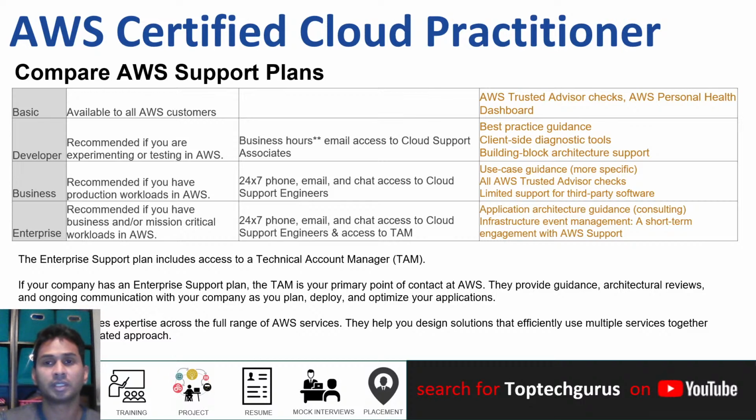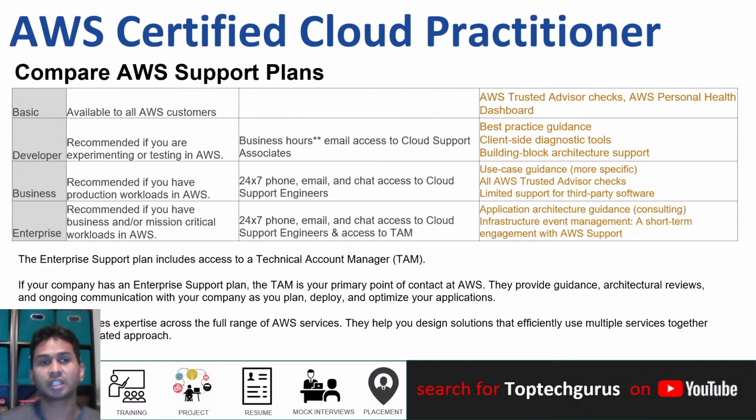They also provide architecture support, called building block architecture support, which is a set of standards saying this is how you can architect your solution. If you're doing a retail application, these are the suggested architectures, whether it's serverless or your own hosting. They have a few options, and they have those diagrams set up. So that's how they support the developer account.